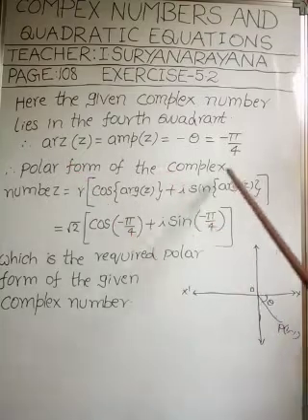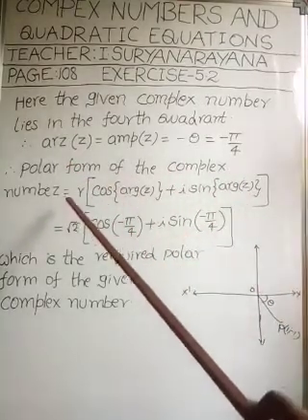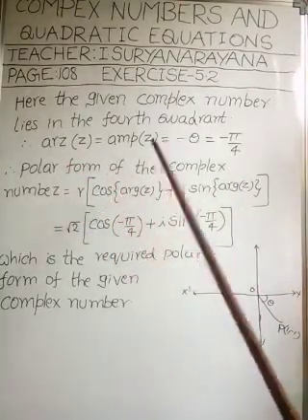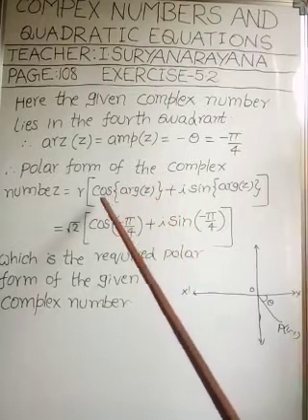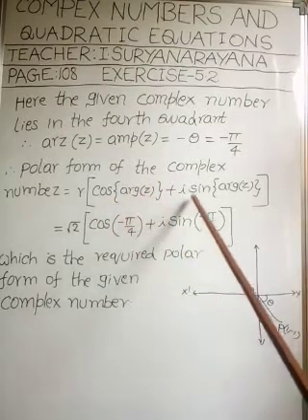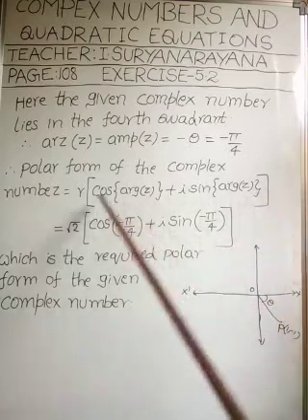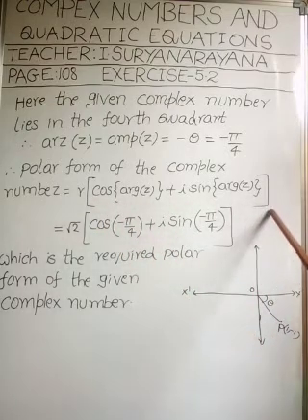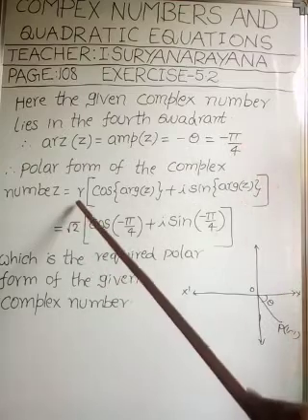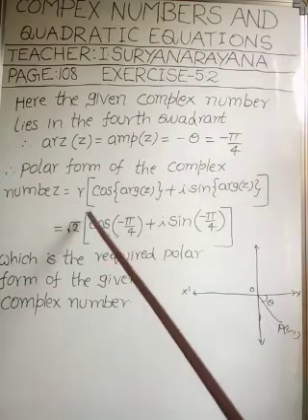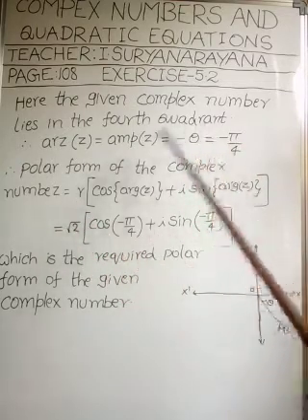Therefore, the polar form of the complex number z is equal to r into cos of argument z plus i sin of argument z. Remember this formula, my children, for writing the polar form of a complex number. That is equal to, what is the value of r? Root 2 into cos of, what is the argument of z here?